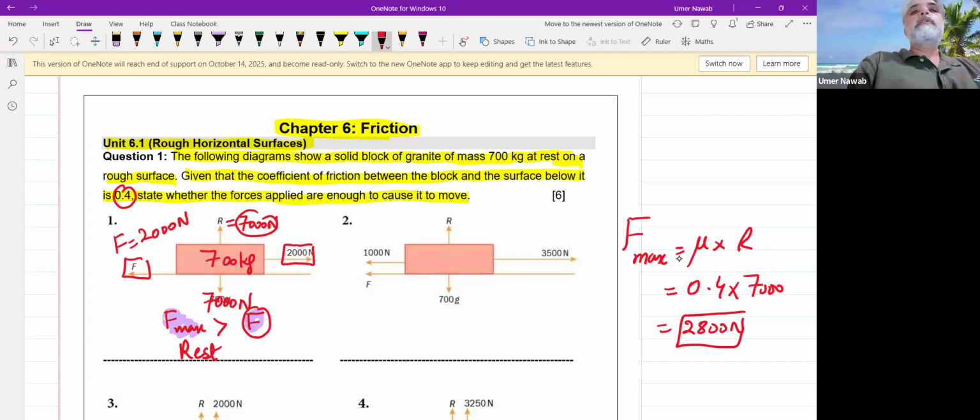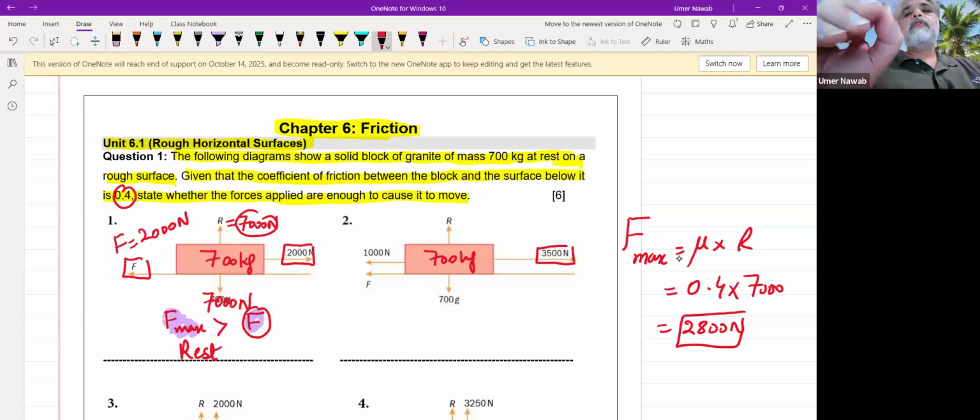Now, if you look into the second situation, 700 kg. I am applying 3,500 newtons to the right, and also 1,000 newtons to the left.